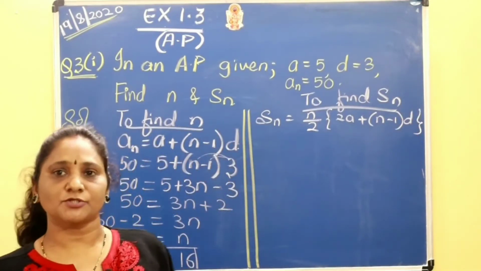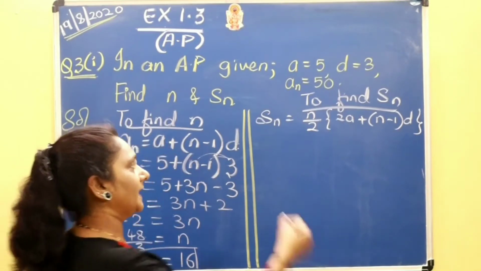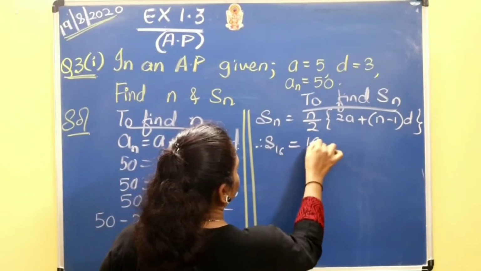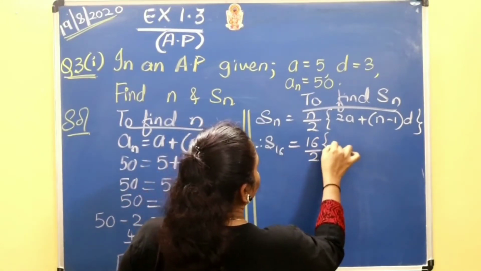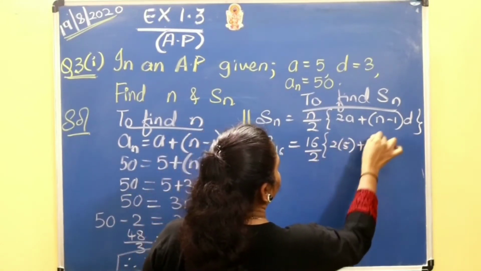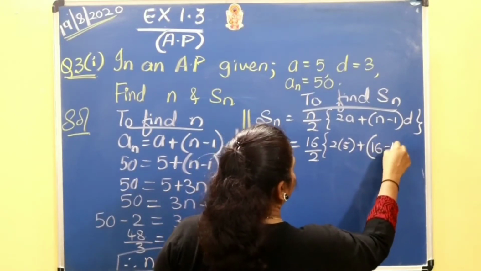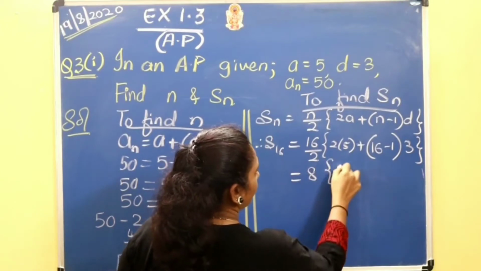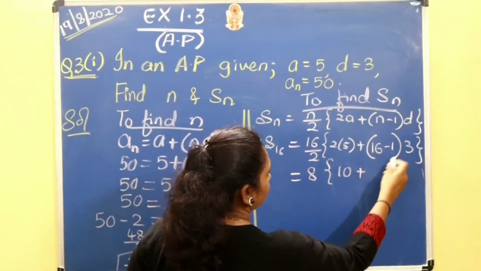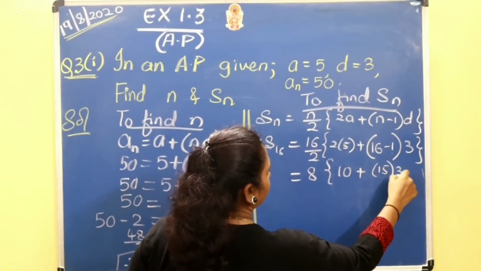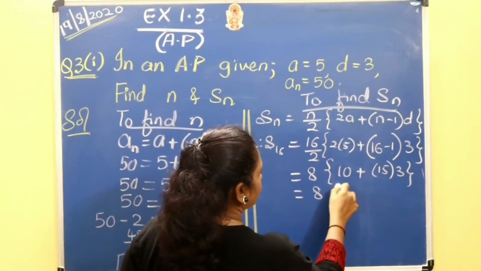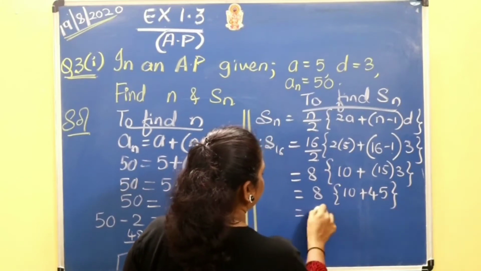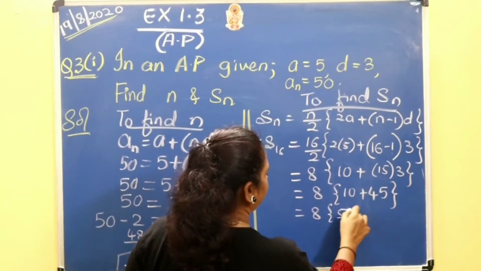Therefore, S16 is equal to 16 by 2, 2 into 5 plus, and we got n as 16, 16 minus 1 into 3. You will get 8, 5 2s are 10, plus 16 minus 1 is 15, 15 into 3 is 45. 10 plus 45 will give you 8 into 55.